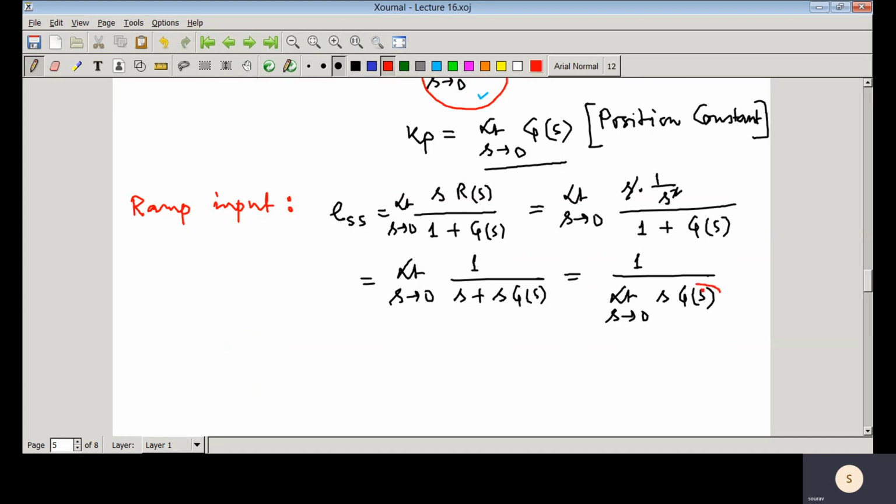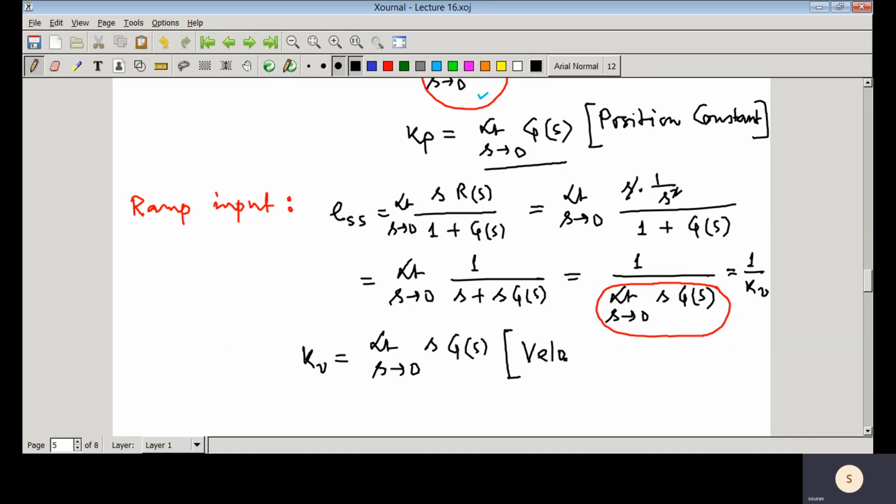So like the step input, we define this particular term as Kv, so then it would be equal to 1 by Kv, and this Kv is defined as limit s tends to 0 of sG(s), and it has a name, that is called velocity constant.